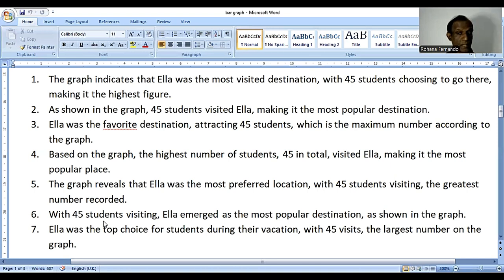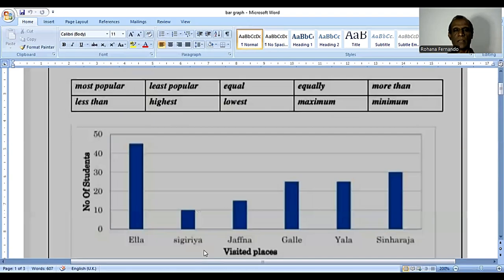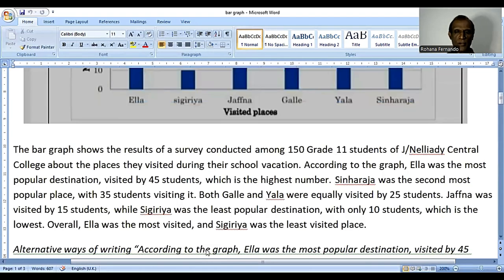So I hope you can apply this to other graphs also, according to the situation, because not all these can be applied in the same way, because it depends on the information and also the choices available. Right now, let's move on to the graph again.